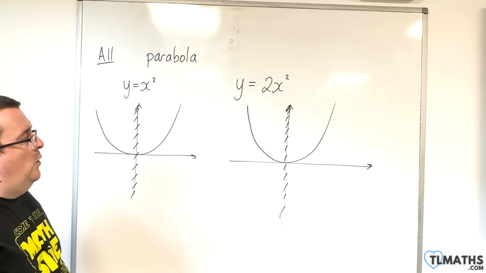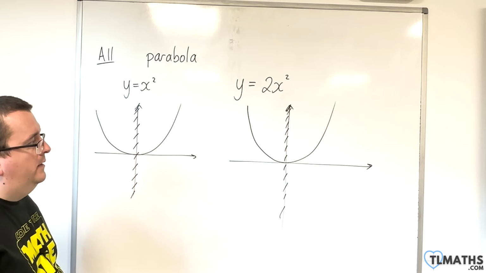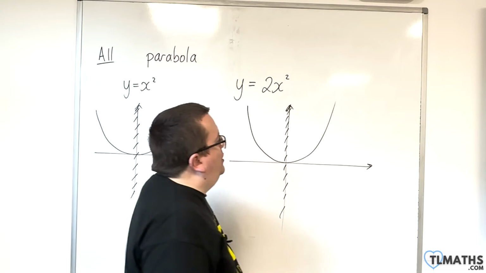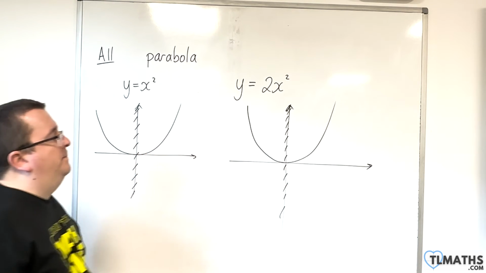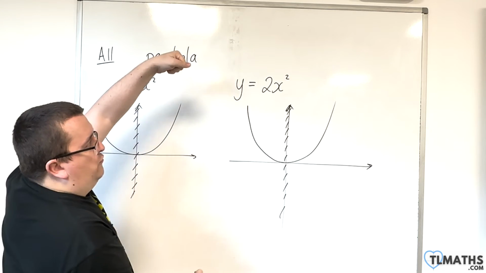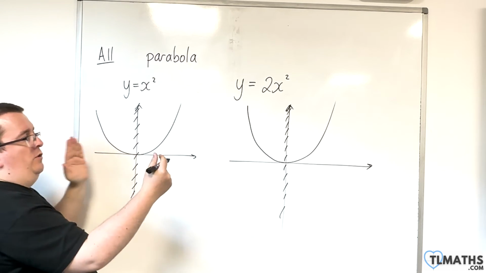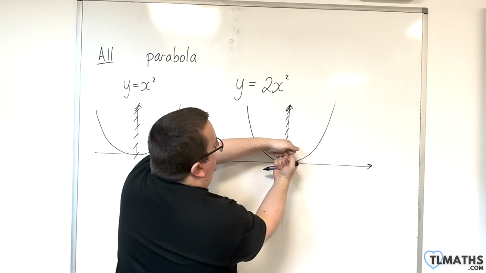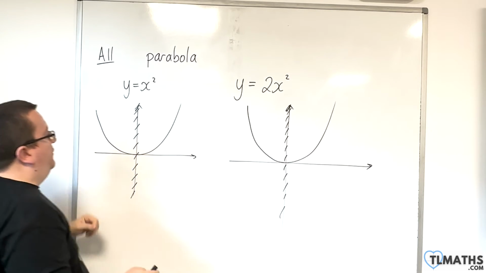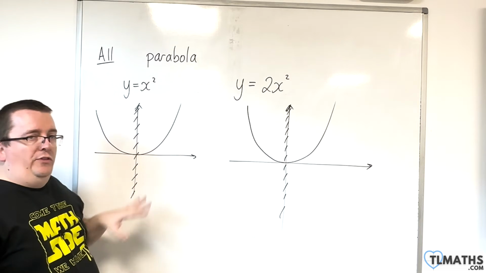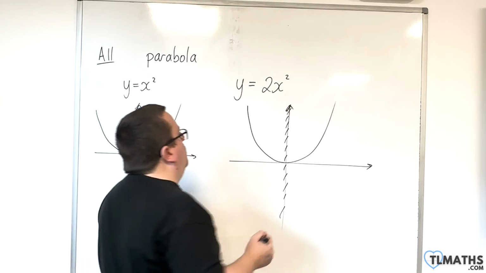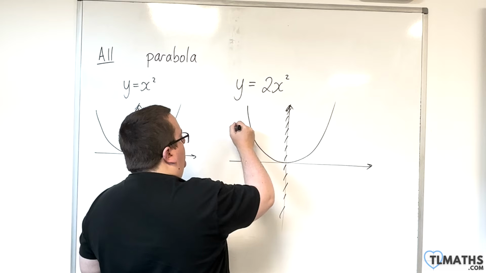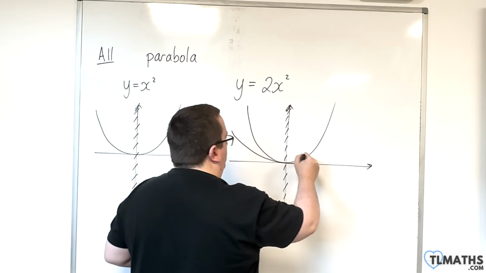However, what that 2 has done is that it's actually stretched the graph out in this direction. Now, you could also argue that it's squashed it inwards, but for the purpose of this, I'll just say that it has been stretched outwards. So if I was to superimpose the original graph on, y equals x squared would look something like this.